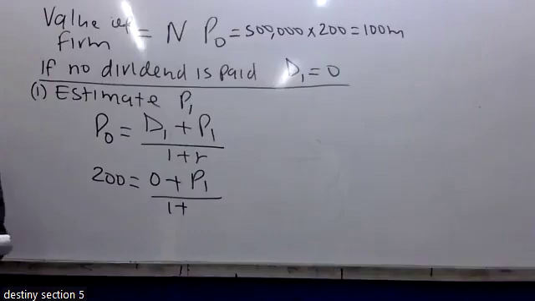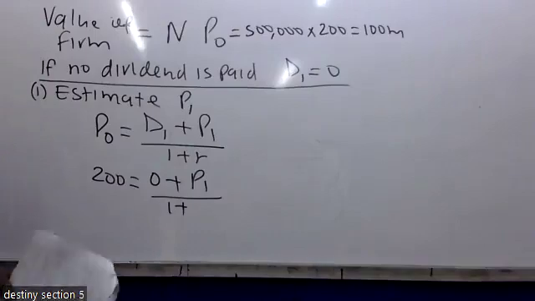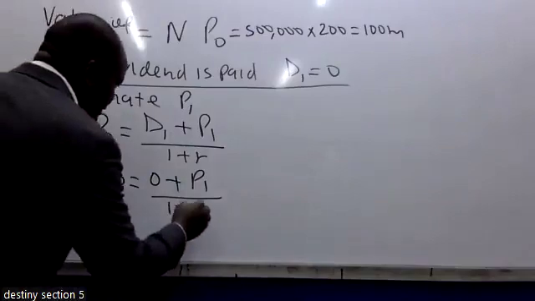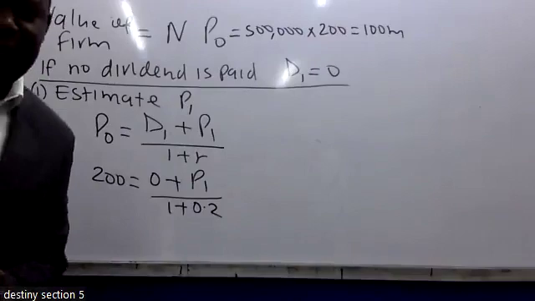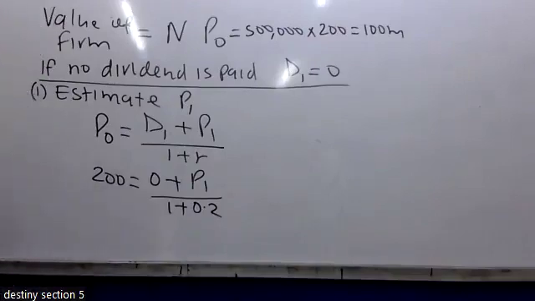The cost of equity, 20%. 20% is the same as 0.2. So make P1 the subject and see what value you come up with at that level.